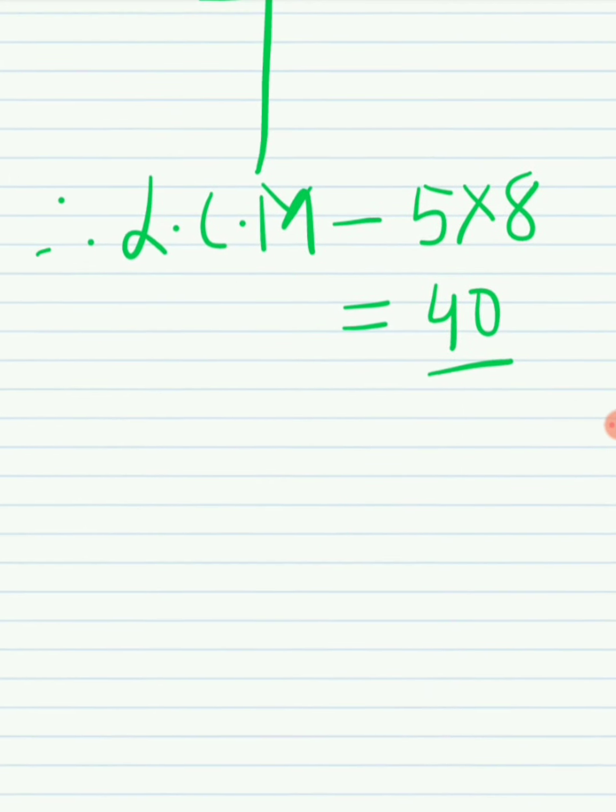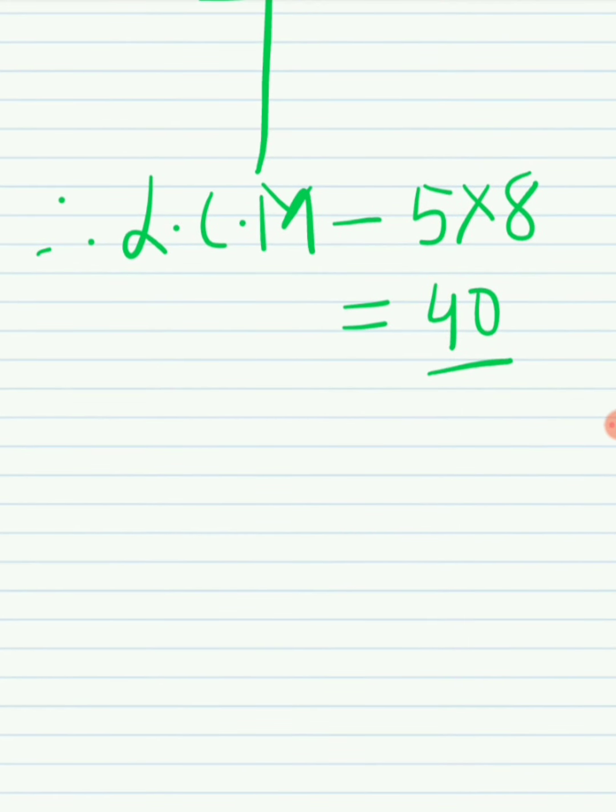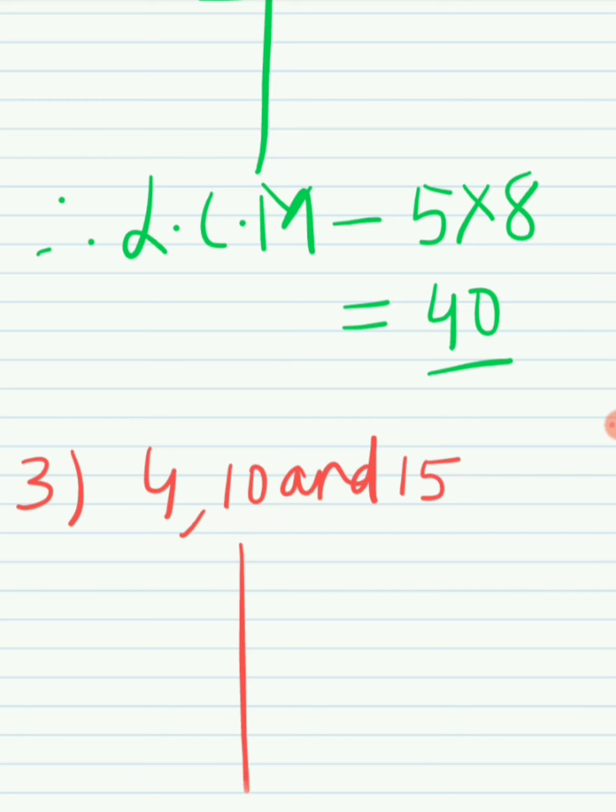Let's take one more example if you want to. For the third example, I am writing here 4, 10 and 15. Now I have taken 3 numbers. We have to find this with the division method.